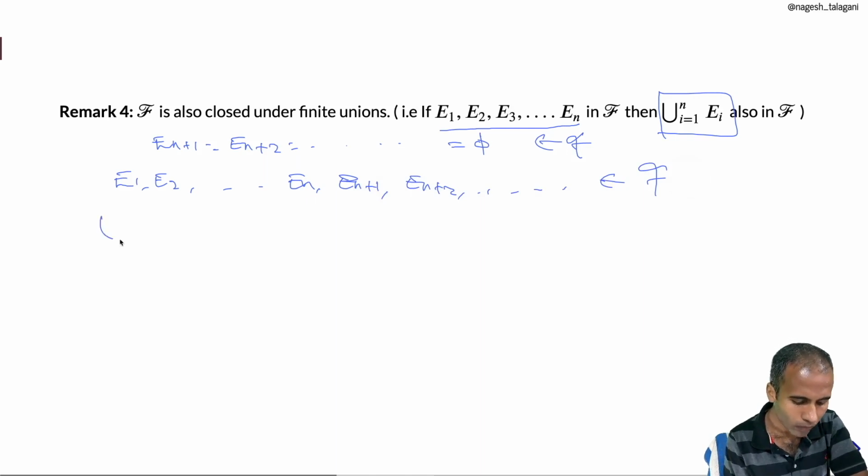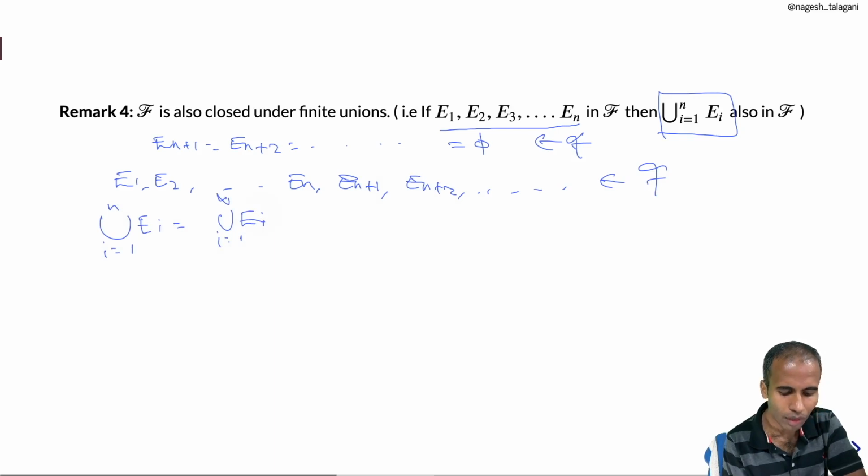Now, if you look at this finite union, it is the same as this countably infinite union, because from n+1 onwards we have only the empty subset. They will not contribute anything to the union. So these two unions will be the same. But this belongs to script F by condition 3 of the definition of sigma field.